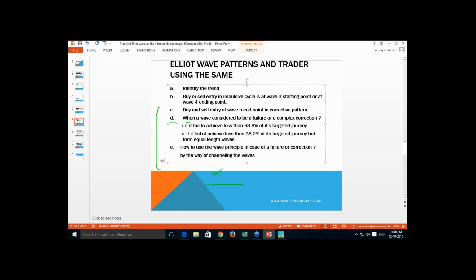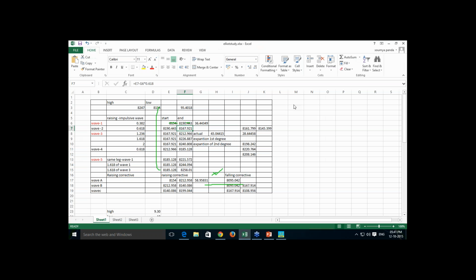Small correction: it is 61.8%, as per the Fibonacci only it is being taken. It is asking how to differentiate between a 1, 2, 3, 4, 5 wave and an ABC wave. As I told you, whenever wave 1 is constructed, there is no guarantee that at 0.382 retracement it should start correcting, it may expand. Similarly, wave 2 is a counter wave of wave 1 and it should come till 0.618.